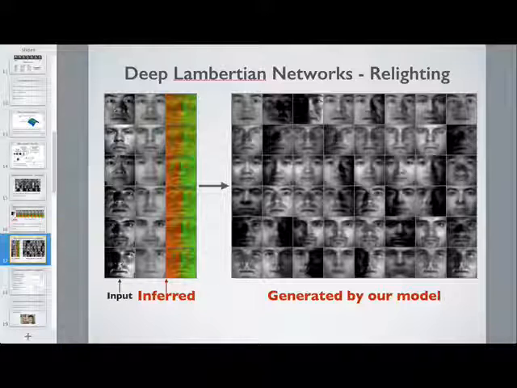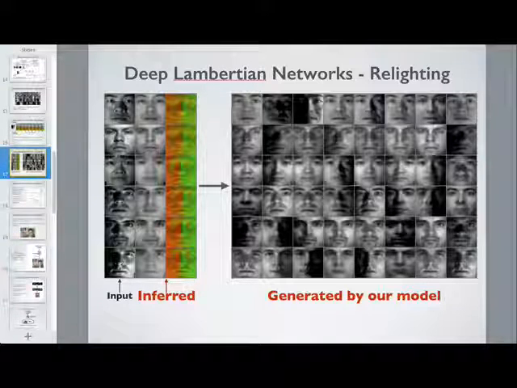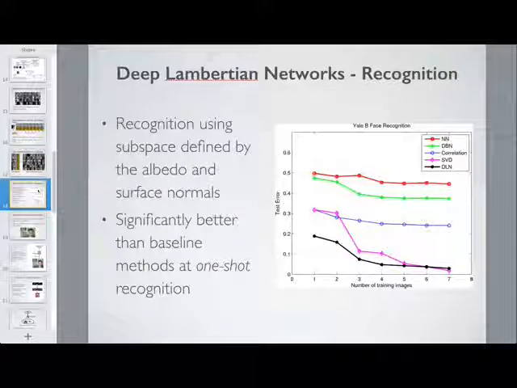And the reason we want to do this, besides having cool generated images, is that we can demonstrate that this helps with recognition. The problem with recognition if you change lighting variations is that you might have never seen this person under a novel lighting direction, and that would adversely affect recognition rates.